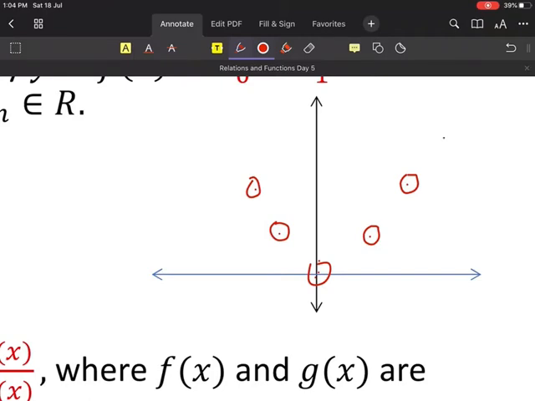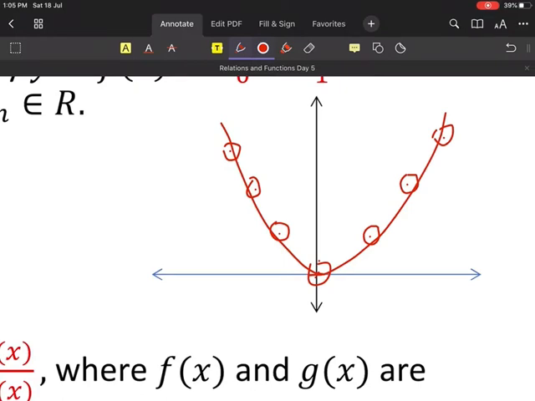Last one, when x is 3, y is how much? 6? No, 9. Don't say 6. And when x is -3, y is 9, right?